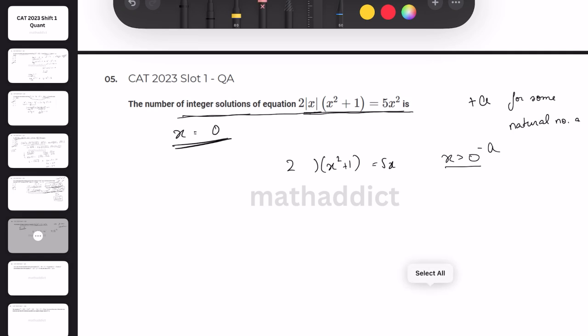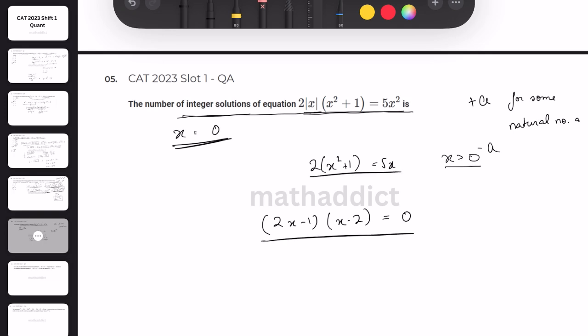So we are left with 2 times x square plus 1 equals 5x. That is (2x minus 1)(x minus 2) is 0. This is the factorization of this. So that gives x is either half or x is 2.